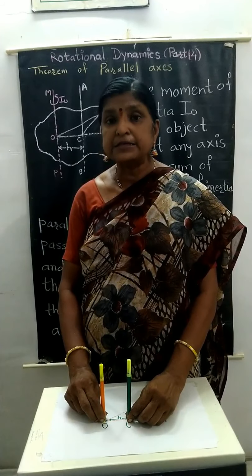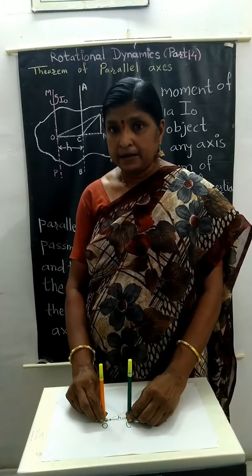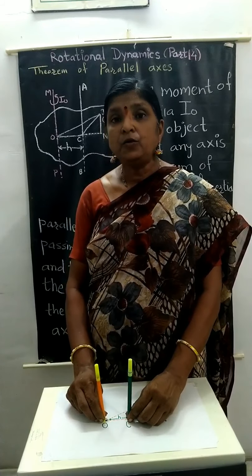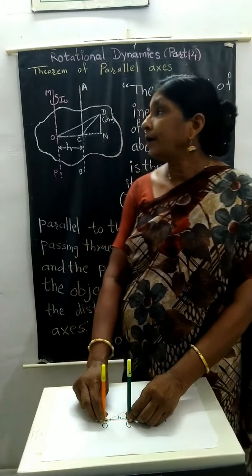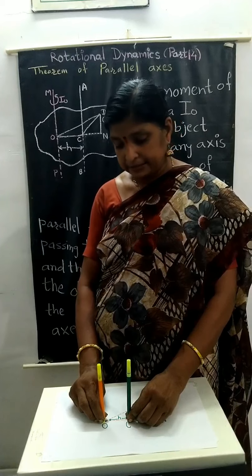The axis passing through point O and passing through point C must be parallel to each other in order to apply this theorem of parallel axis.